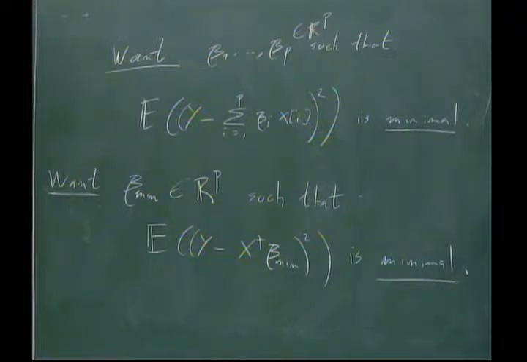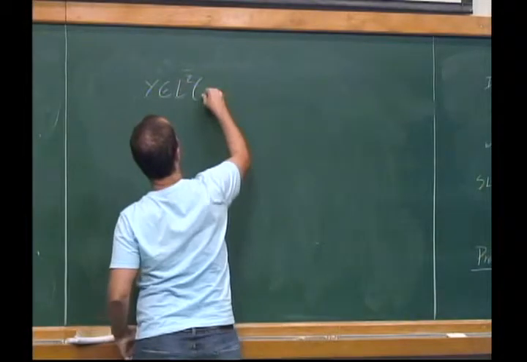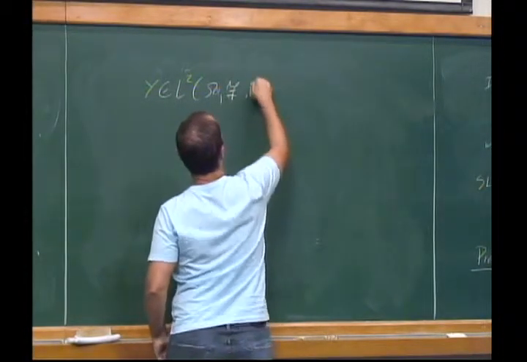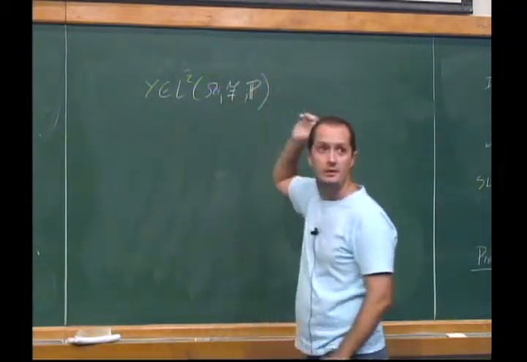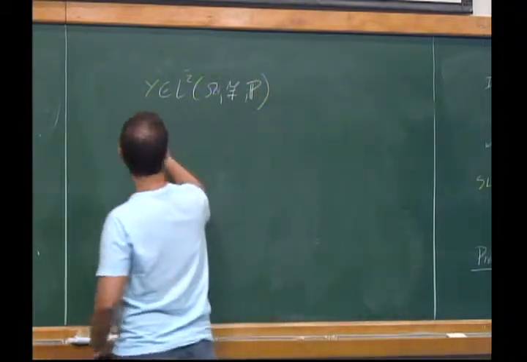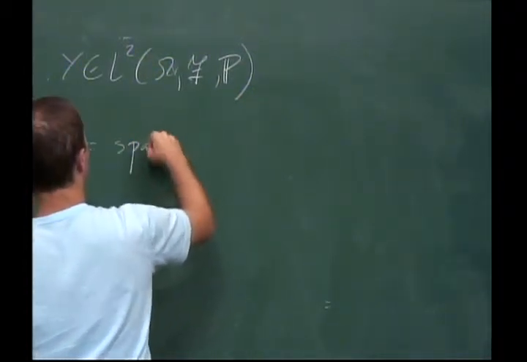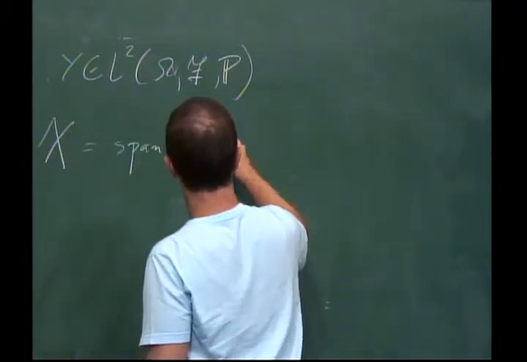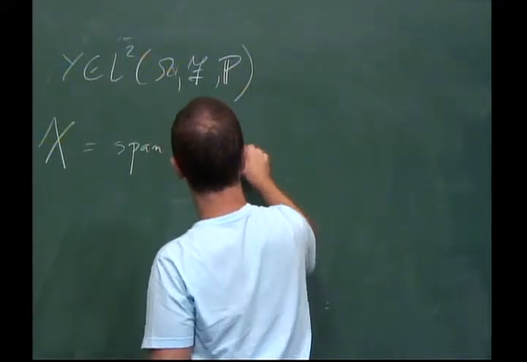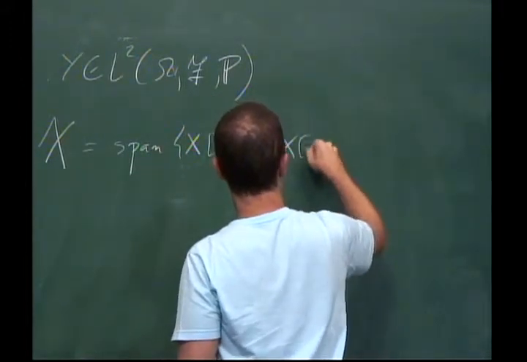we have that y belongs to L2 of your probability space. You have a subspace here, which is spanned by these guys.